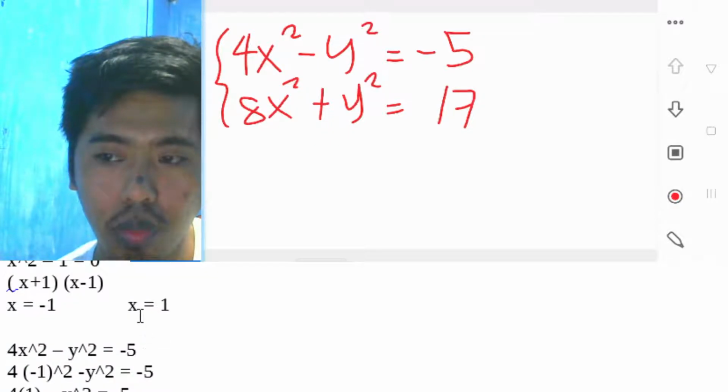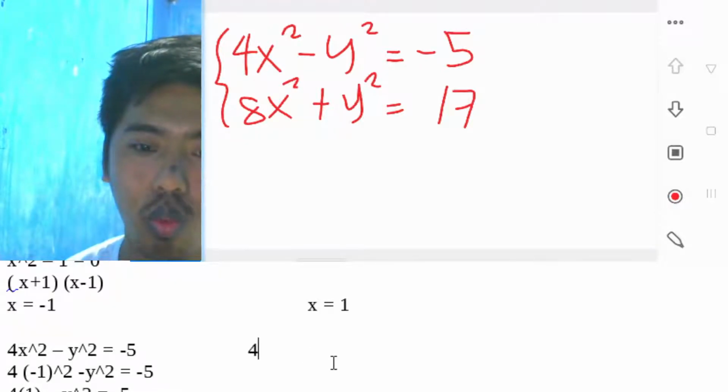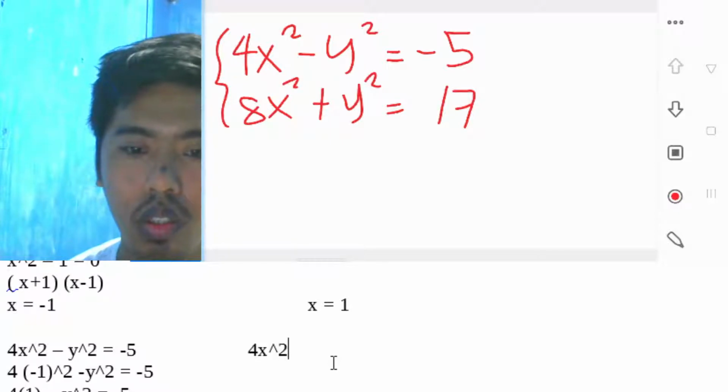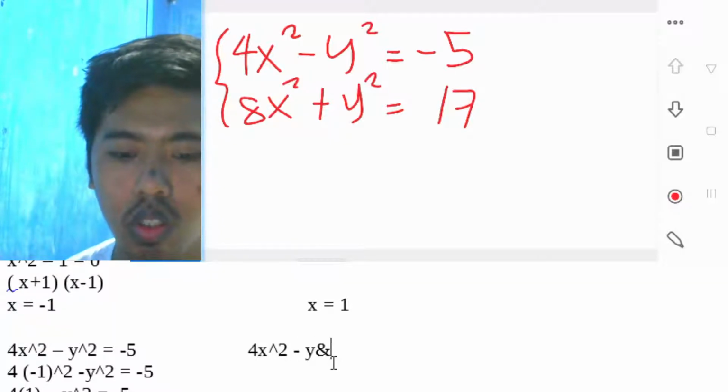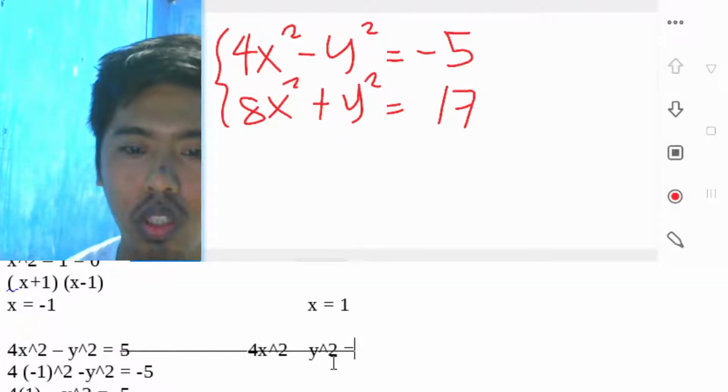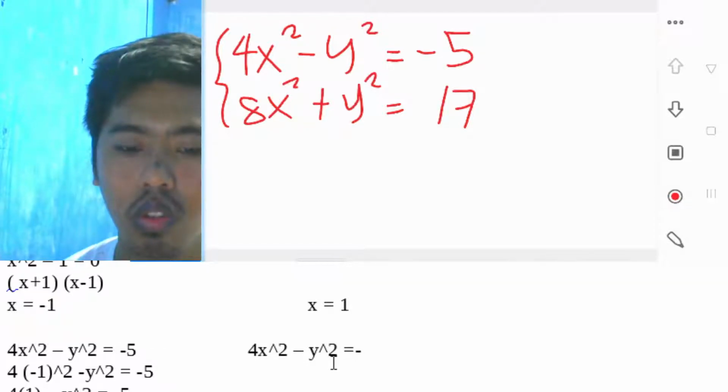Now let's go back to this area and try the positive 1. 4x squared minus y squared equal to negative 5.